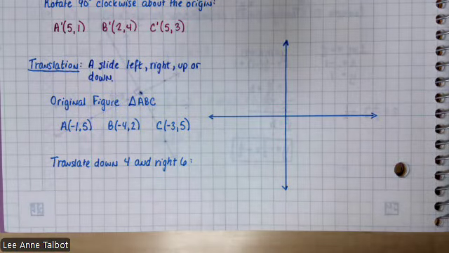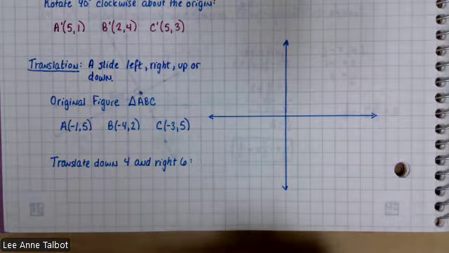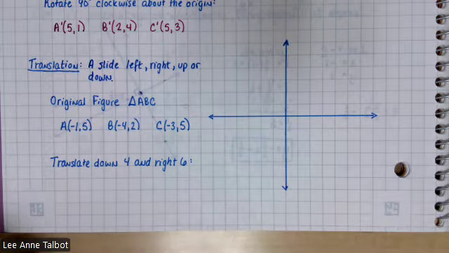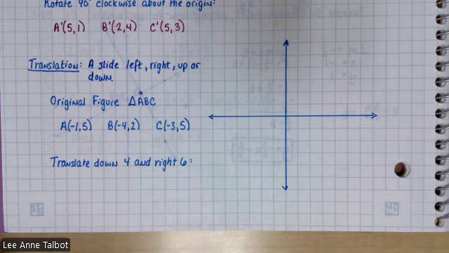Okay, so I just wrote the translation definition. It's a slide. I have a question, an eighth grade question. Did you say flip, turn, and slide, or did you say reflection, rotation, and translation?